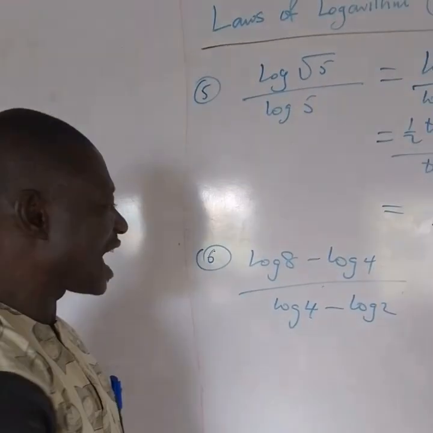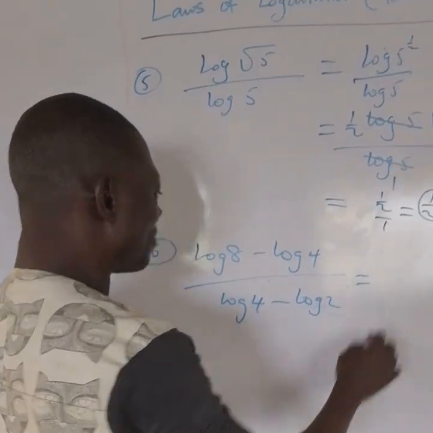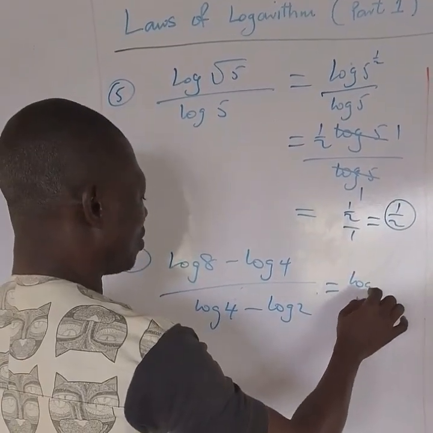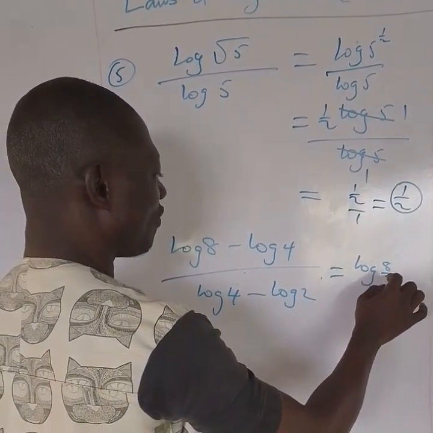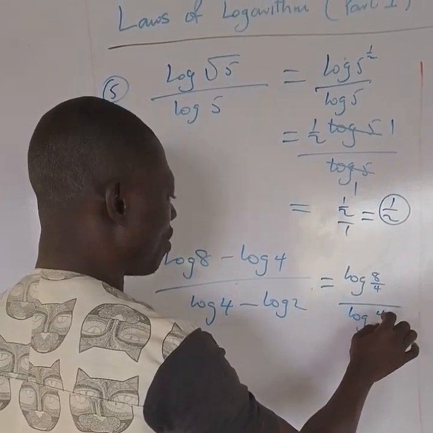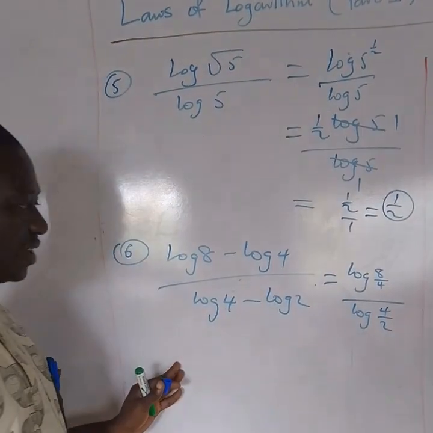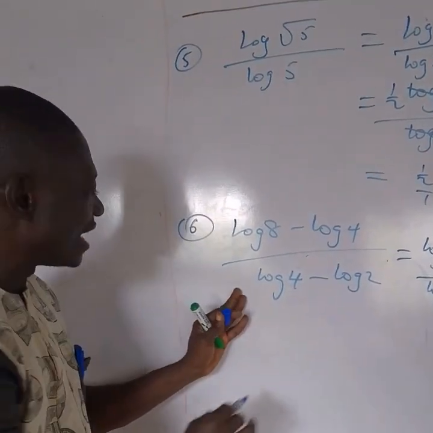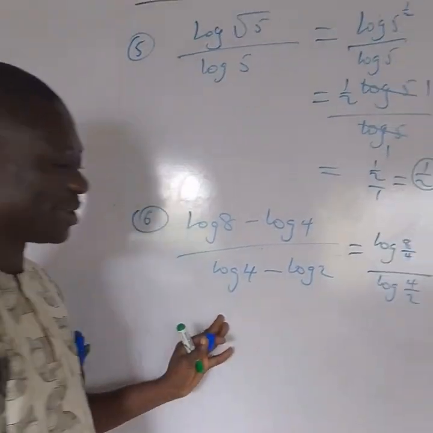Let us organize the numerator first and then the denominator. And so we have it here as log 8 over 4 over log 4 over 2. Yes, this is the numerator here, and what we have here becomes the denominator.